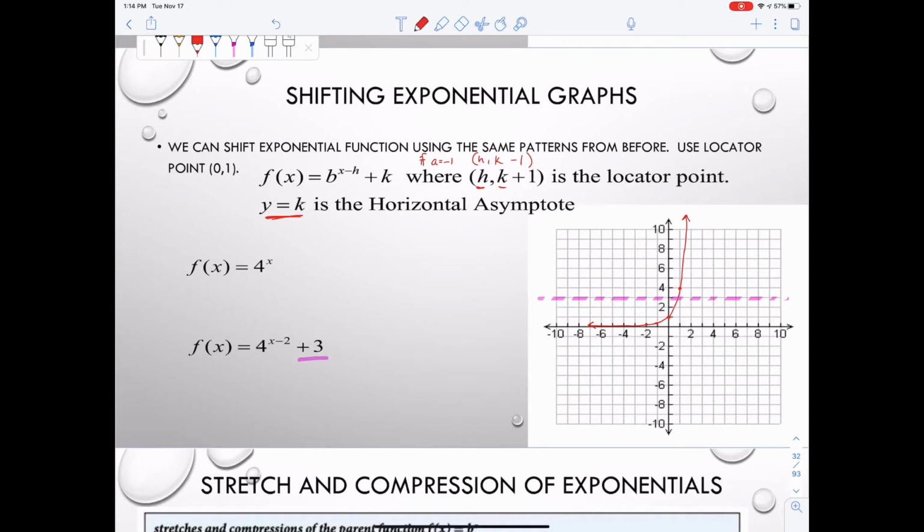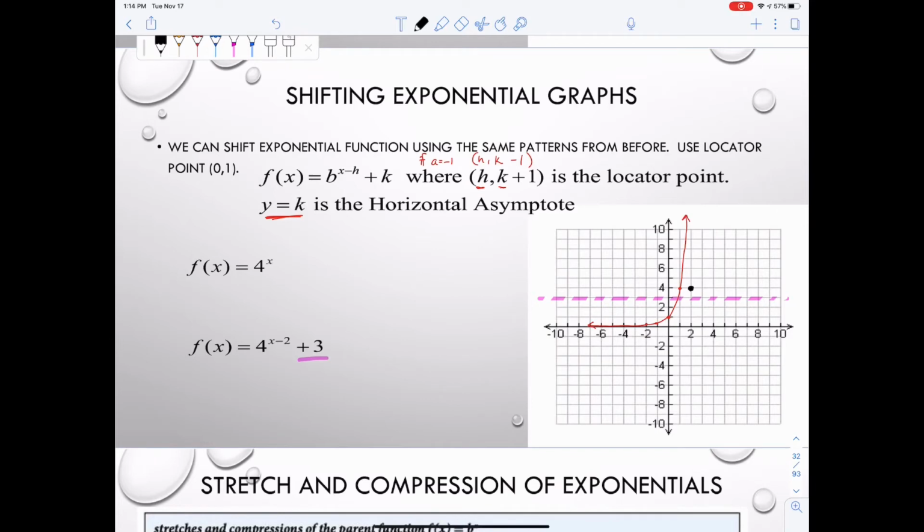I'm then going to have a locator point that's going to shift 2 to the right and up 3. So if I went from my original locator point here at 0, 1, if I go 2 to the right and up 3, I'm going to be here at 2, 4. Right? Again, that follows my form of h and k plus 1. So at 2, 4, I'm going to have my new locator point. Let me do this in, let's use black. All right.